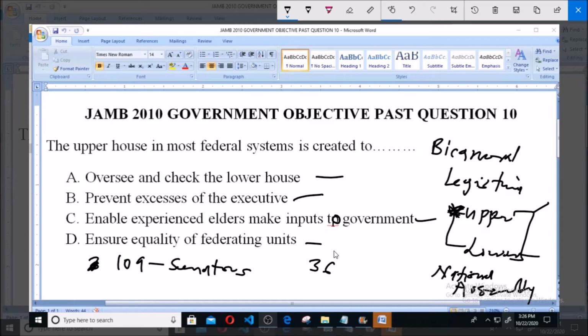And each state elects 3 senators. Mathematically, 36 times 3 will give us 108. Then one senator representing the Federal Capital, that is 109.